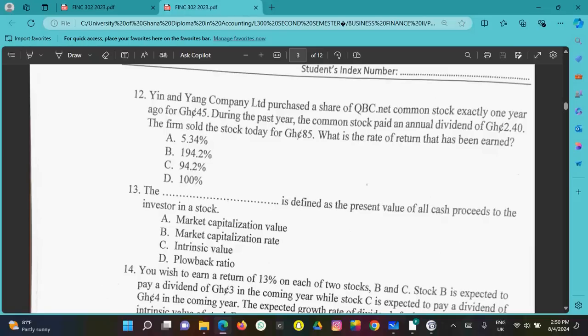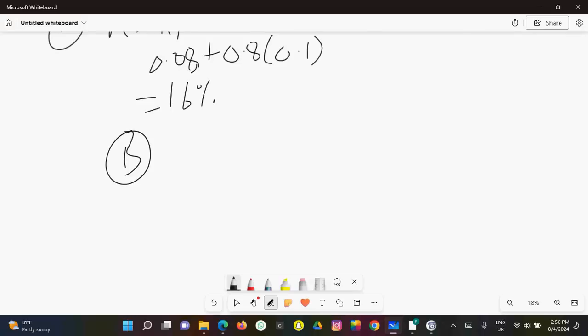Since we have the presence of dividend, the rate of return is going to be the capital yield plus the dividend yield. So the total rate of return R is capital yield plus dividend yield.